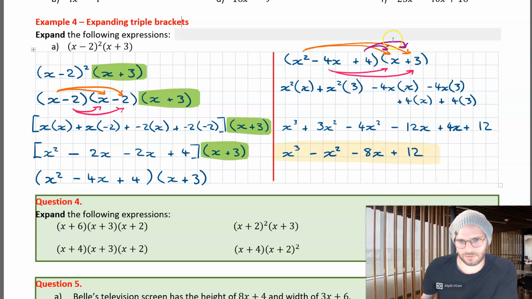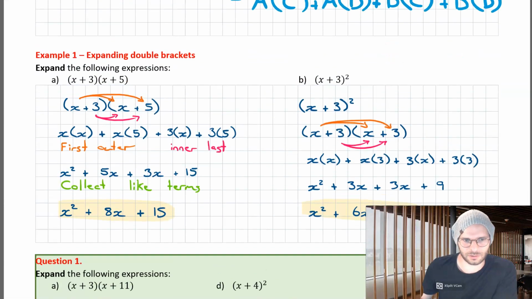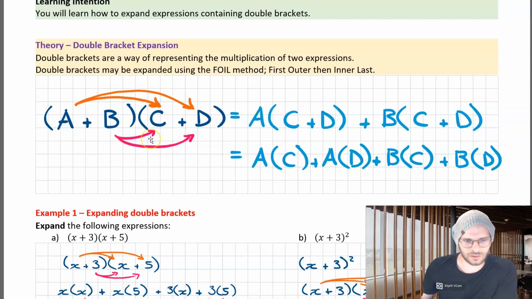So rather than having 2 arrows, we have 3 arrows, and we just follow the rules, thus arriving at our final result here. So in summary, what we had a look at in this lesson was how we can expand double brackets. The way in which this is done is we use the FOIL method. So we go first, outer, then inner, last.